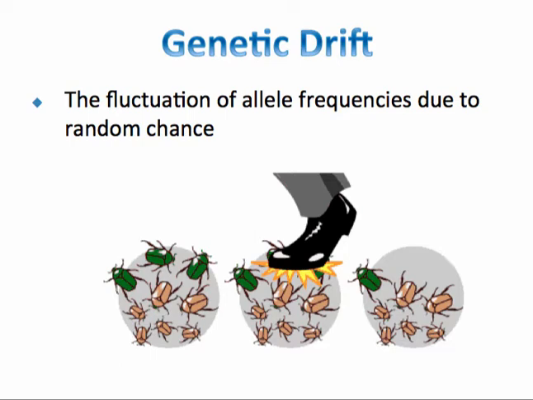The population now has more brown beetles, so the allele frequencies have changed, but it's not because of any environmental feature or adaptation. Instead, it's just the few lucky ones who happened to survive and reproduce, and so they change the allele frequencies. This is a good way to remember genetic drift: it's essentially the random change in allele frequencies.